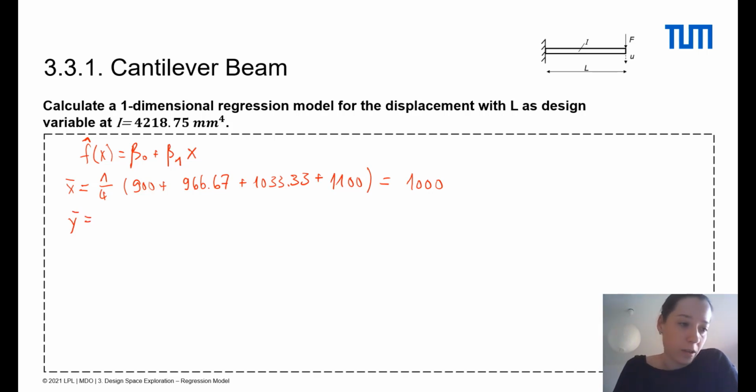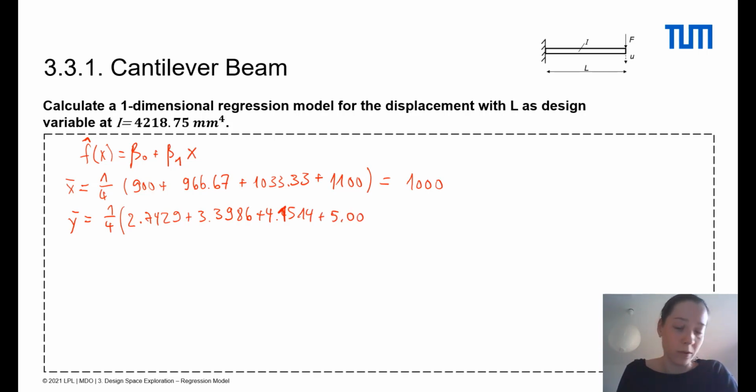And then we got y mean of 2.7429 plus 3.3986 plus 4.1514 plus 5.0079, and that's 3.8252.